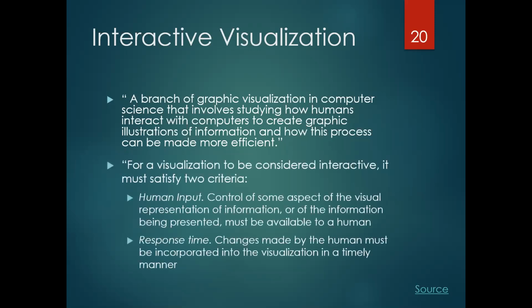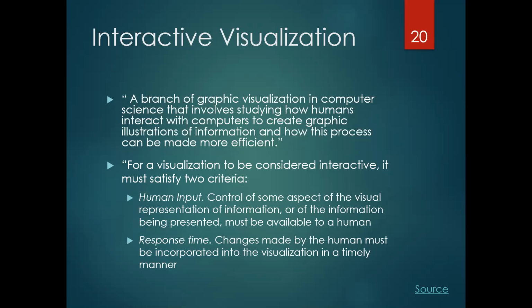For a visualization to be considered interactive, it must satisfy two criteria. First, it should support human input, which means that users should have control of some aspects of the visual representation of information. The second criterion is response time. When users make changes to the visualization, the computer will process it and respond to these changes.